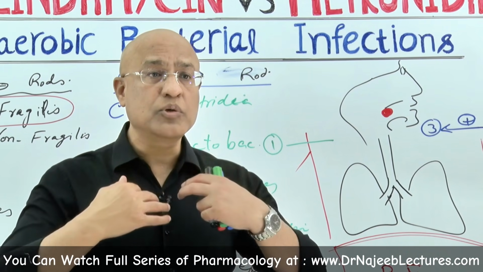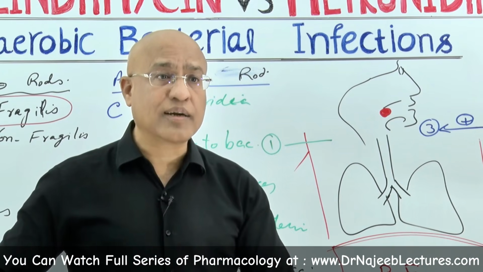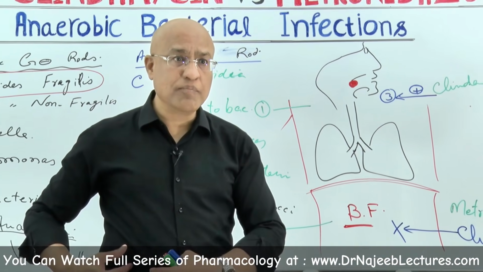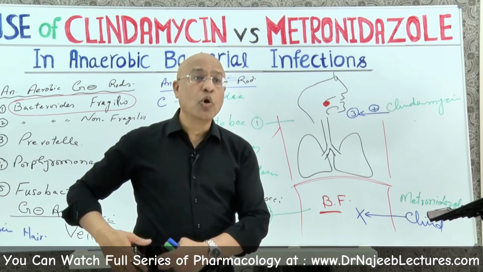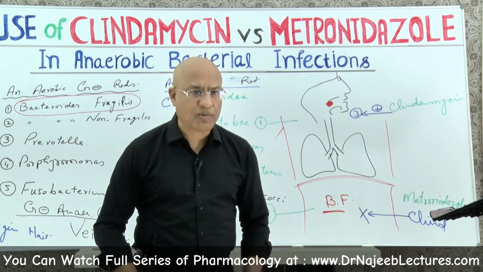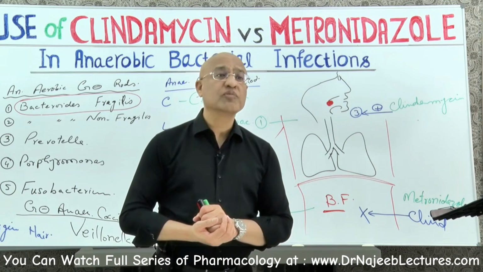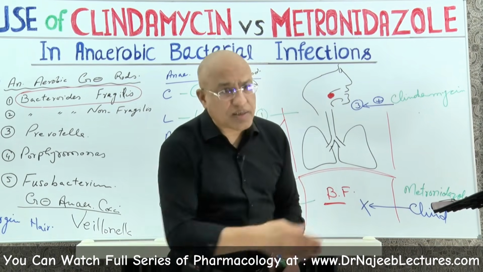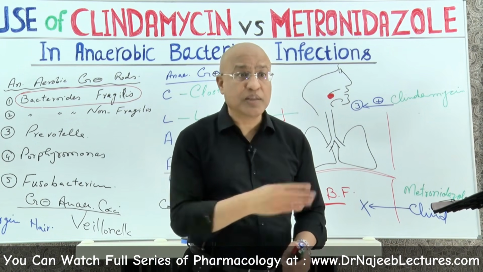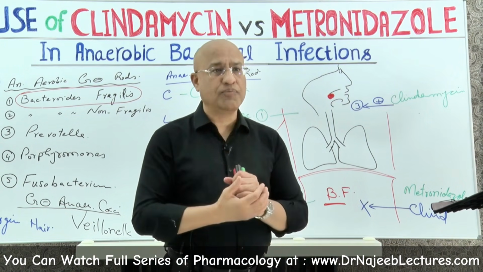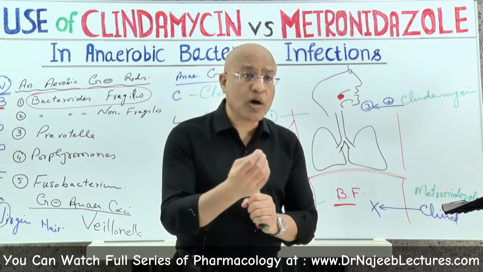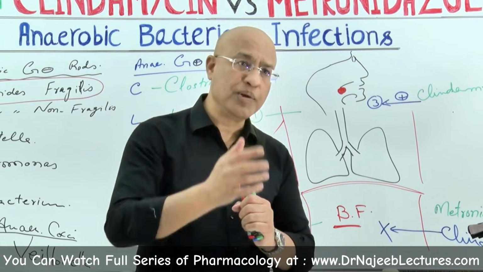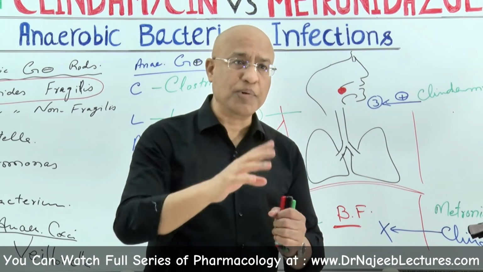Even when you go down into the lower GIT, the distal ileum, the colon, even the female genital tract, all these mucous membranes are plastered with billions and billions of microorganisms, and most of them are anaerobic, right?